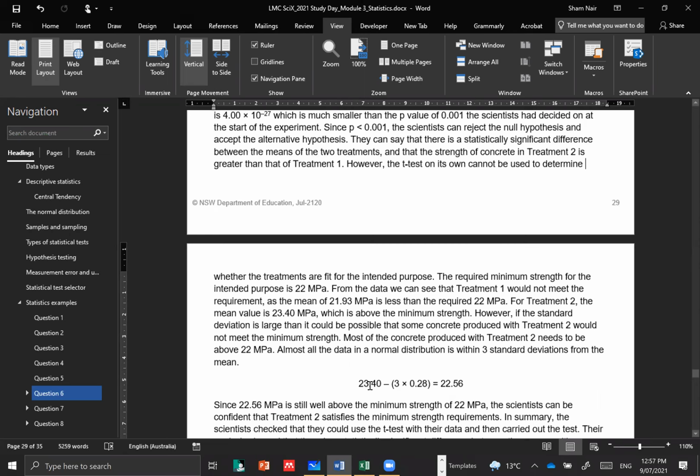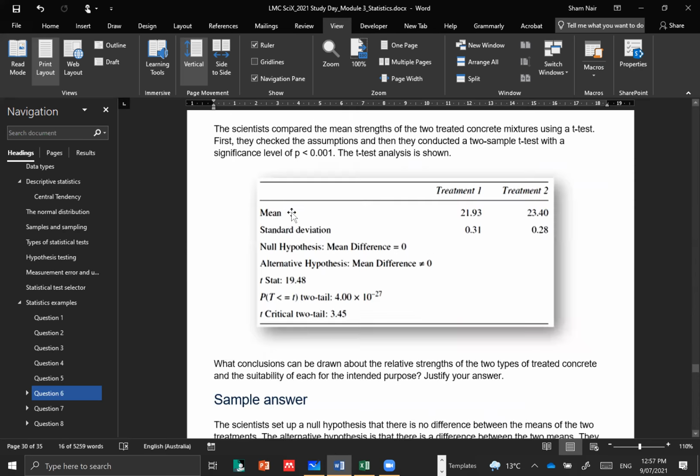They've taken the mean and subtracted 3 times the standard deviation. So what they're doing here is using the descriptive statistical data. You've got in that table the mean and the standard deviation.